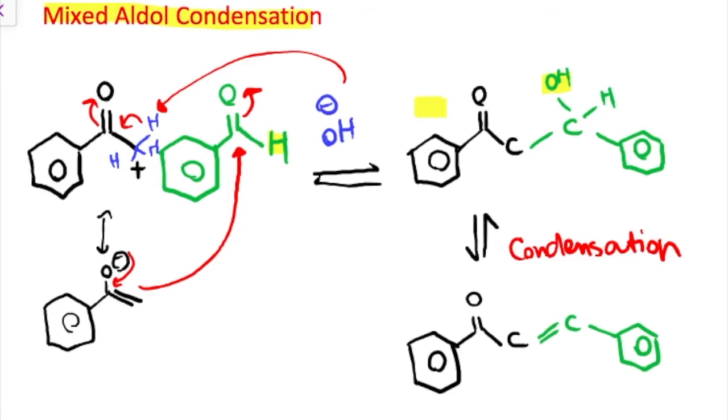So you might ask yourself, why did this enolate attack the aldehyde and not the ketone?